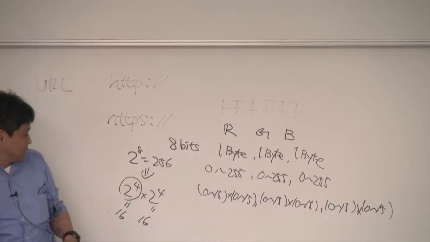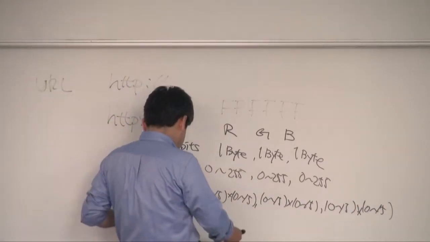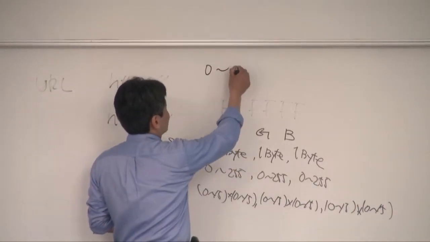So 16 by 16 equals 256. Actually, decimal numbers are 0 to 9.